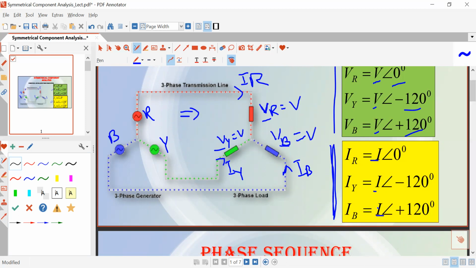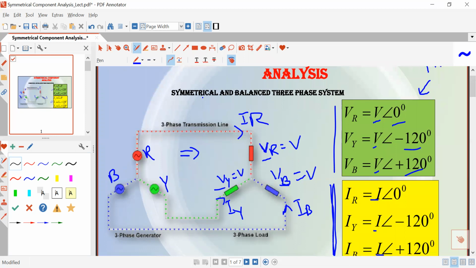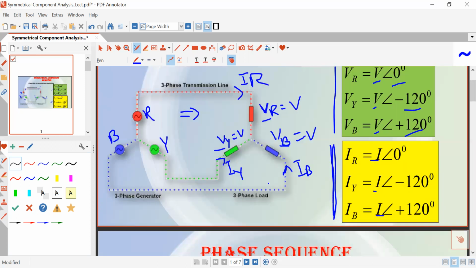If three-phase voltages are balanced, the magnitude of each phase will be the same, and the phase difference between any two phase voltages will be 120 degrees, and similarly for the current. I have discussed this in detail in the previous lecture, so you can go through that video.